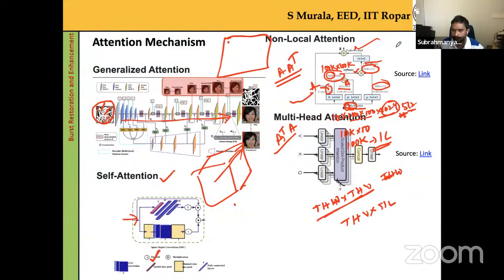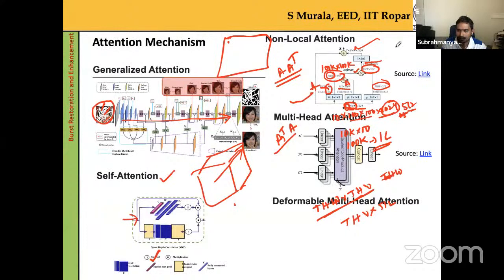It was proposed in the Restormer-based haze removal problem, and because of that, computational complexity has reduced drastically. The same thing you perform with multiple heads or multiple kinds of filters, and we call it multi-head attention.